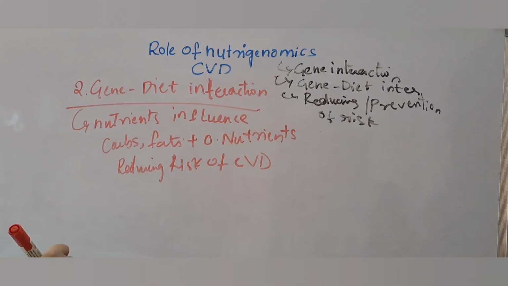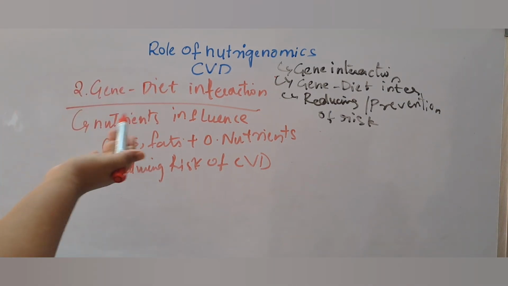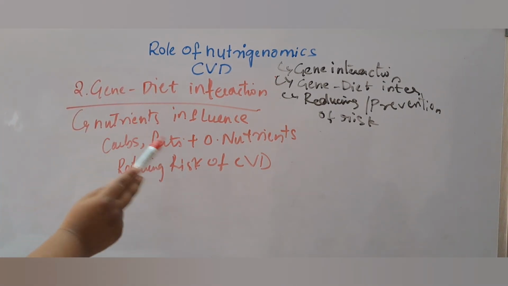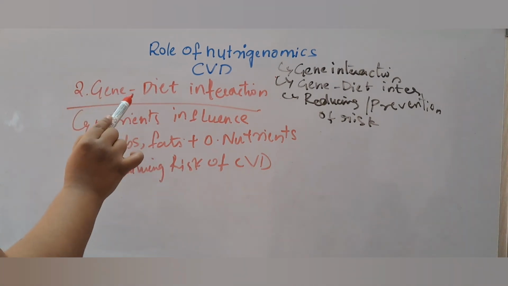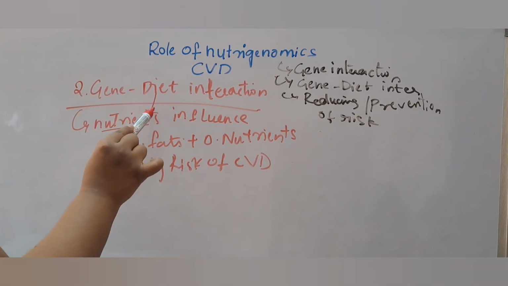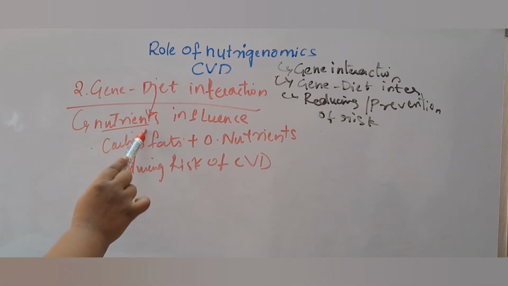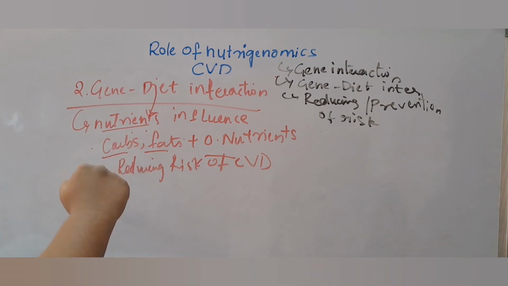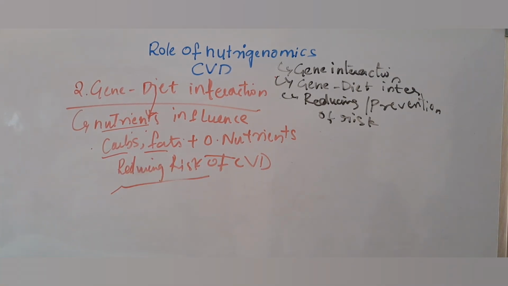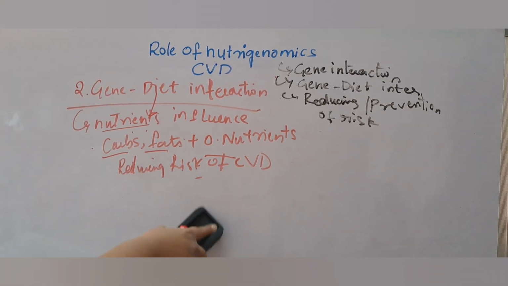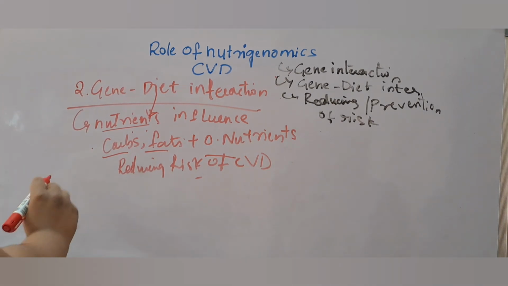So there are some genes which interact with the nutrients. That means the diet we take, the influence of the gene, like carbs, fats and other nutrients, reduces the risk of CVDs. So that is the broad idea of gene-diet interaction.